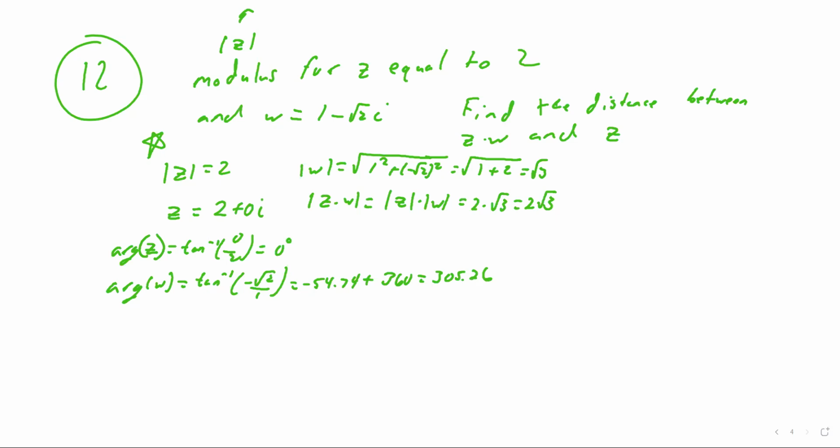All right, so now that we have this, to find the argument of Z times W, I just add the argument of Z plus the argument of W. So this would be 0 plus 305.26, because 0 plus this is itself.